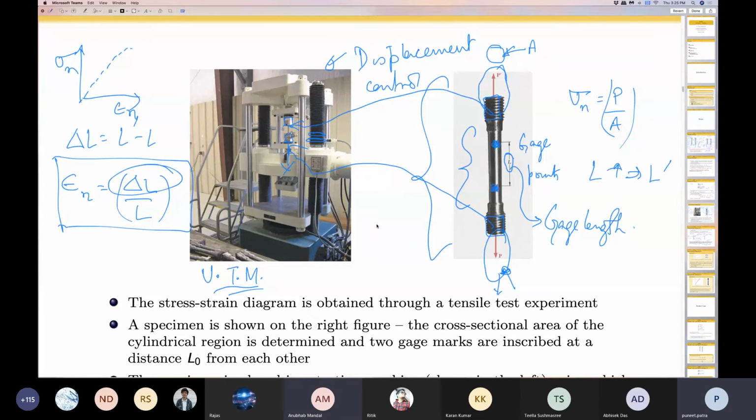Basically this end, and there is one at this end, tries to move downwards. So we are not applying force directly. In these machines we apply displacement. We are moving this end downwards. Force is being calculated through some other hydraulic jack means.